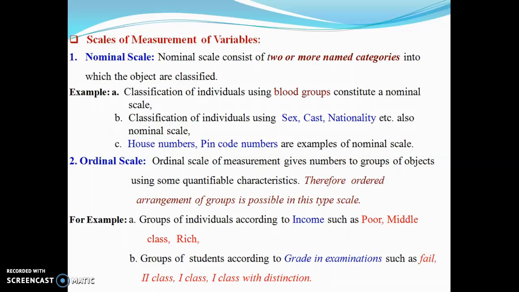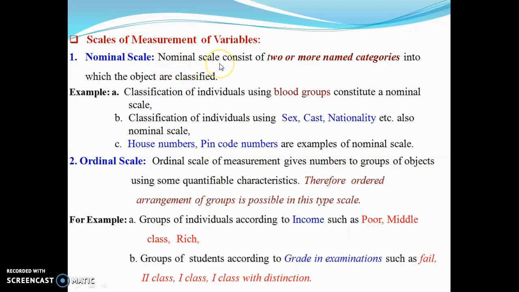Now we are going to the different scales of measurement of variables. Statistics involves the study of variable characteristics. Hence, we include the related and necessary definitions, that is nominal scale, ordinal scale, ratio scale, interval scale. These are the scales of measurement of variables. First, the definition of nominal scale with suitable example.